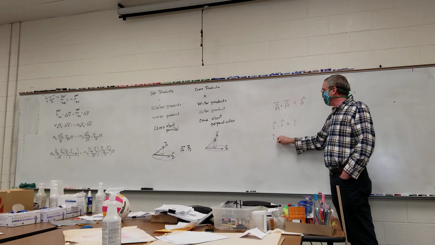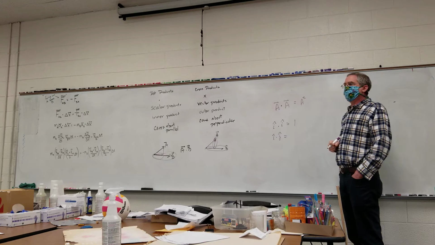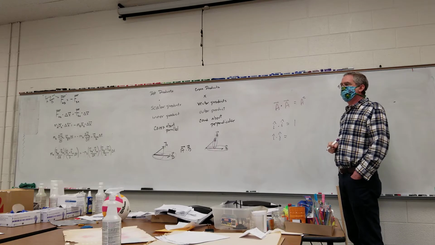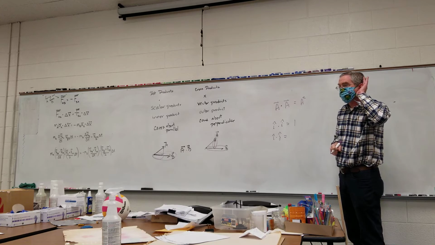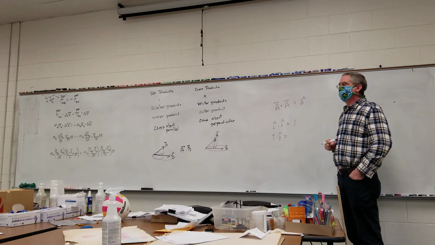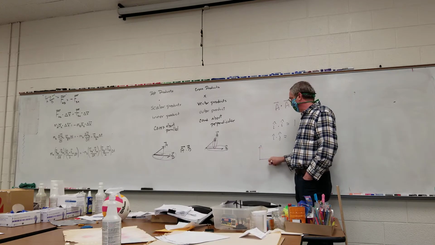I hat dot j hat would be... remember that I hat and j hat are perpendicular to each other. I have these two vectors that are perpendicular to each other.